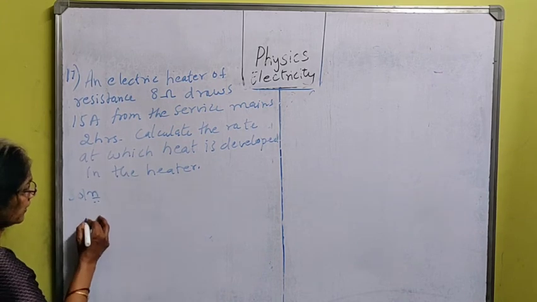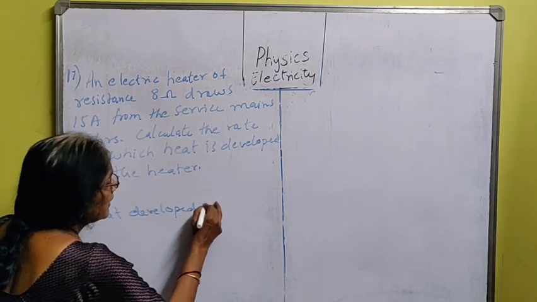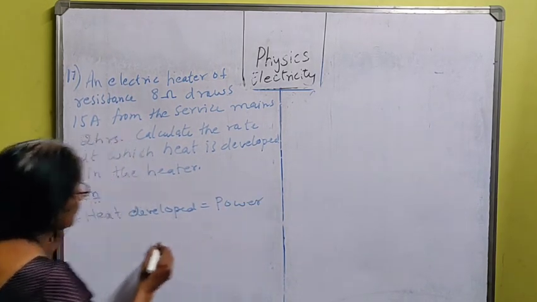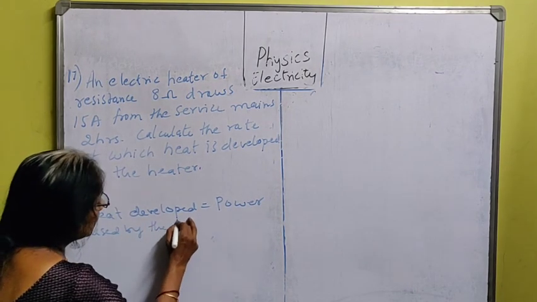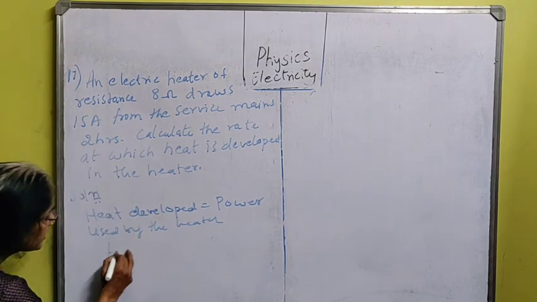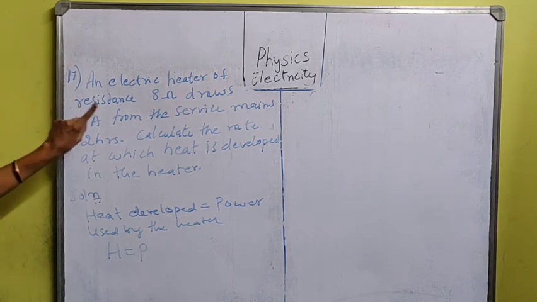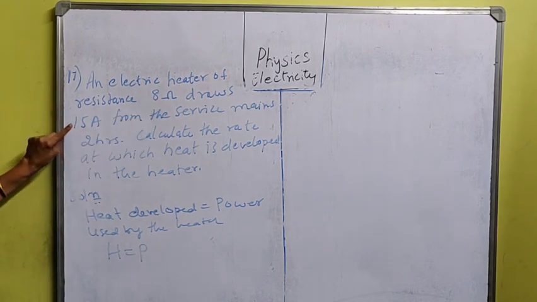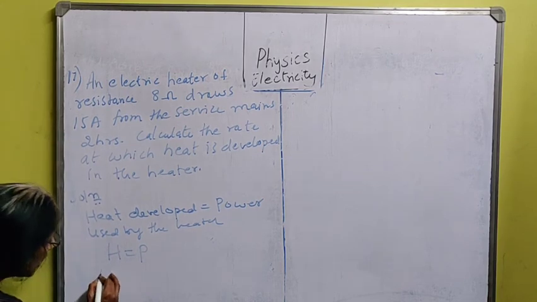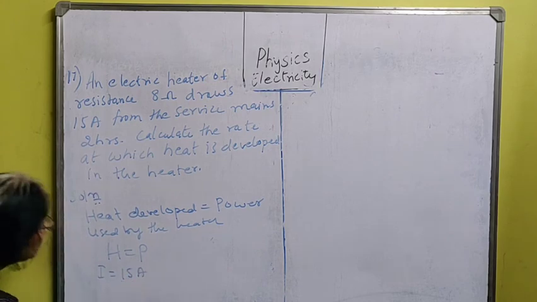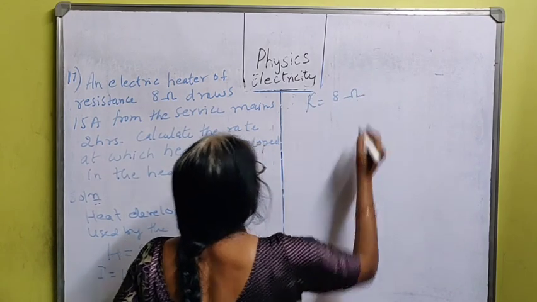So here heat developed is equal to power used by the heater. So H is equal to P. Here what is given to us? It is given the resistance is 8 ohms and the current is 15 ampere. So I is equal to 15 ampere and R is equal to 8 ohms is given.